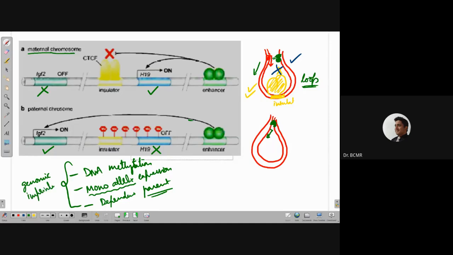We don't exactly understand why such a system has to evolve. But if you have studied uniparental stem cells and other things, it is thought that it will prevent the fusion of, say, I will just give a small introduction to that so that you will probably understand the significance of genomic imprinting. Say, we will take the same situation.